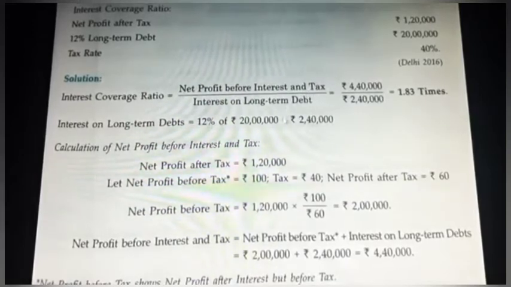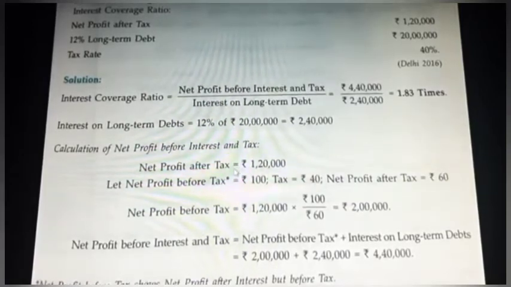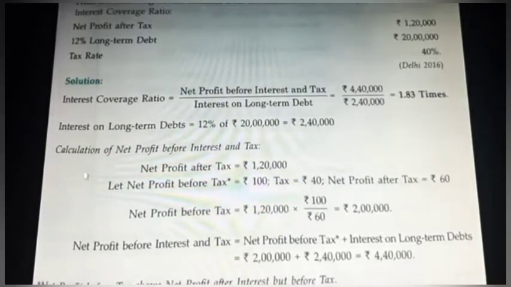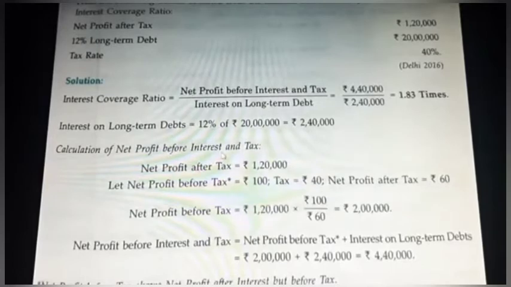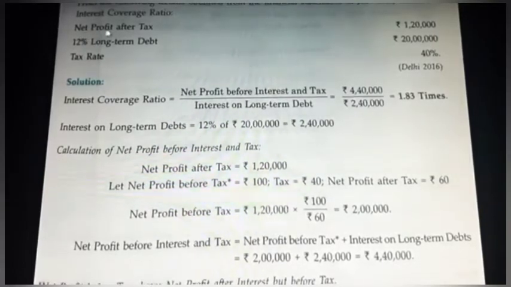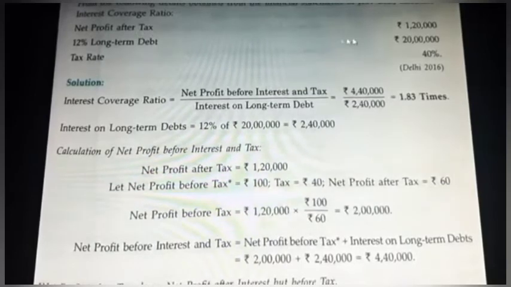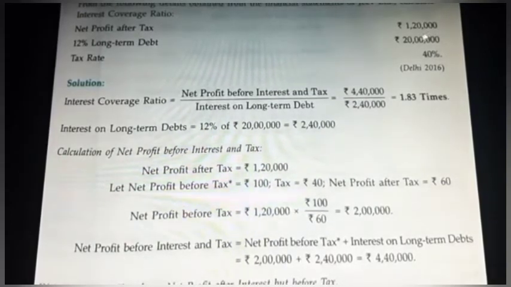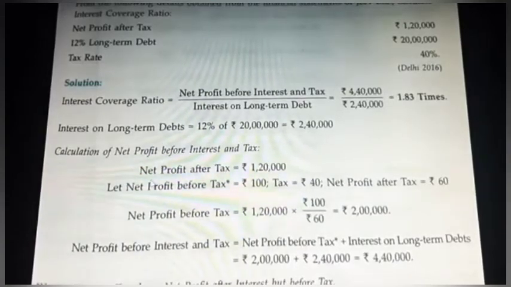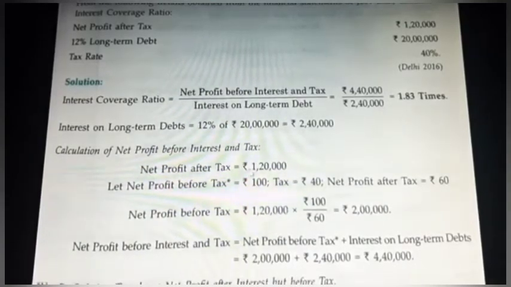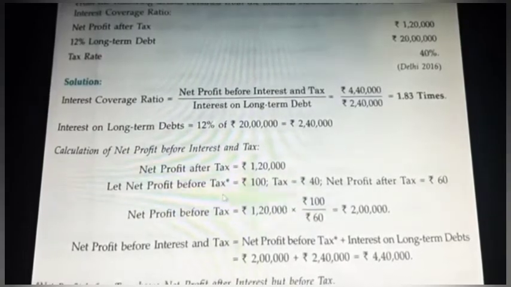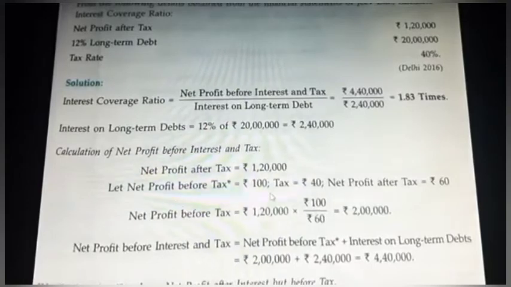Here you have to use some algebraic method. You are given in the question net profit after tax, that is 1,20,000, and tax rate is 40%. Let us assume that net profit before tax is 100.